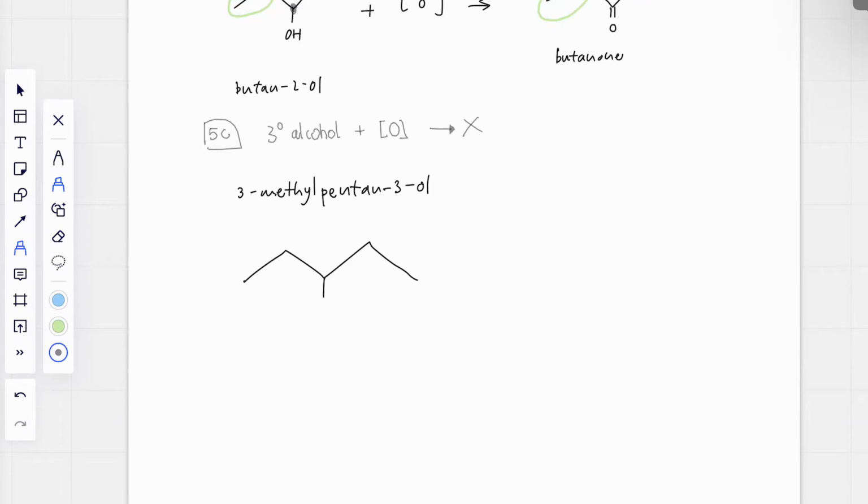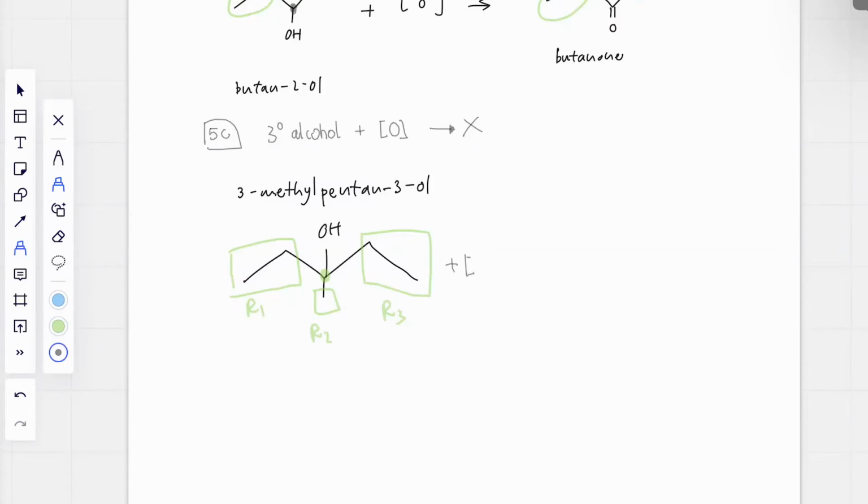The OH is also on carbon number 3 because it's pentan-3-ol. Then it is third degree alcohol or tertiary alcohol because this carbon is connected to 3 R groups: R1, R2, R3.